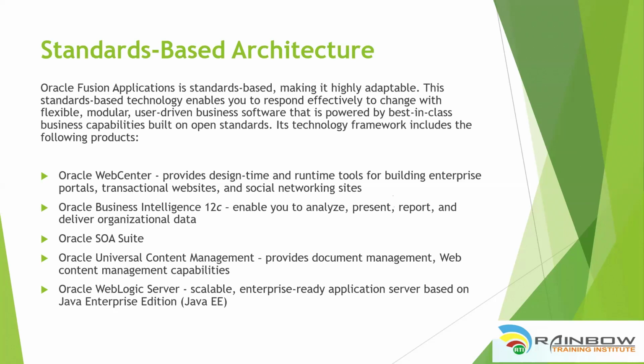Another element is Universal Content Management. This is where all your application specific images, attachments, and data files are stored. Think of content management as a server to keep your attachments.